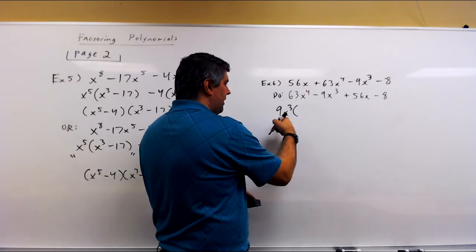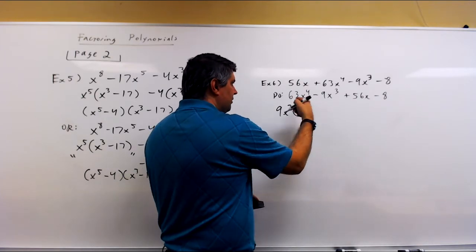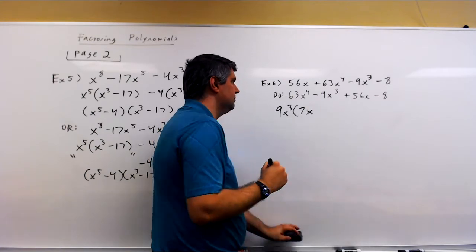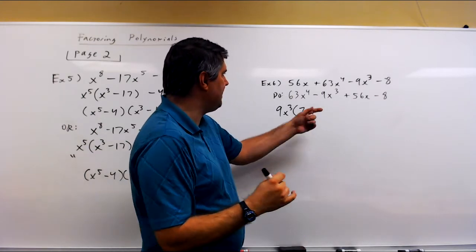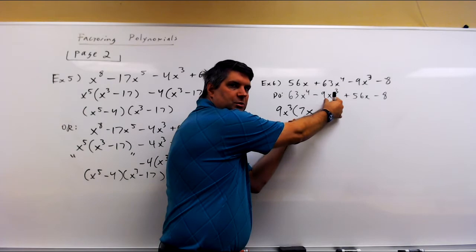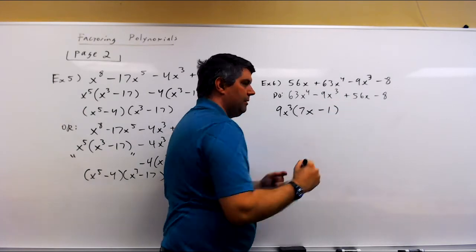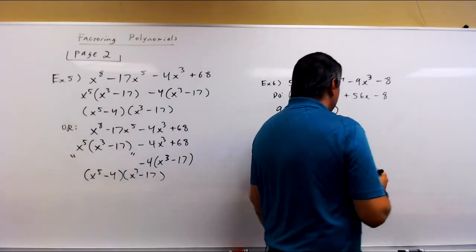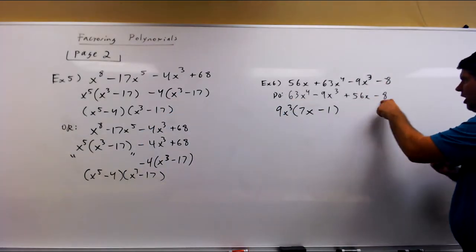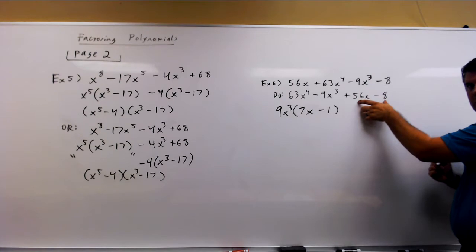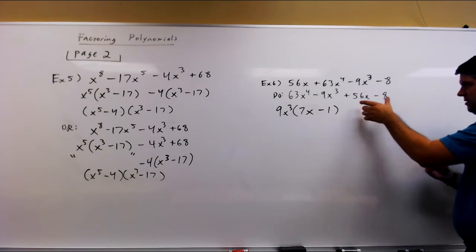Okay, so 63 divided by 9 is 7. X to the 4th divided by x cubed is x. All right, now notice here that this cancels, these are the same, so they would cancel as 1. These two terms are divisible by 2, 4, and 8.